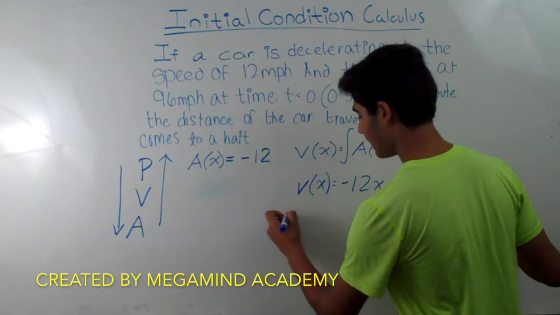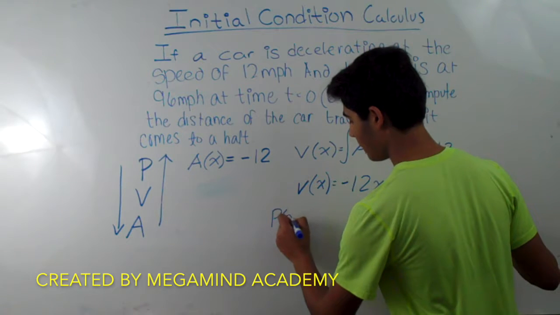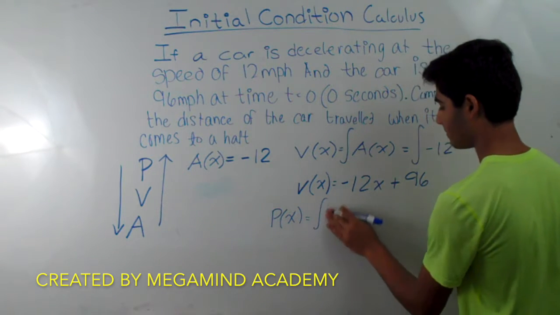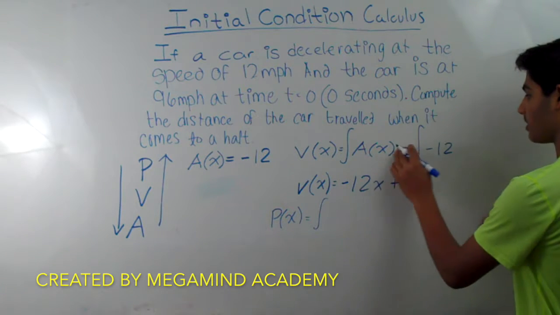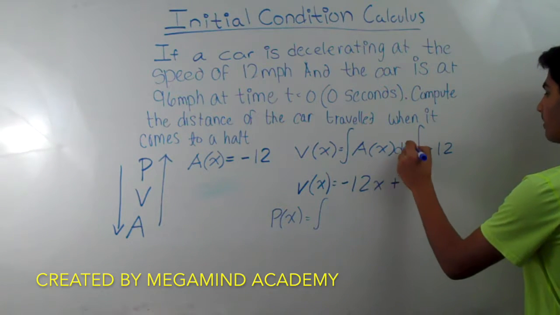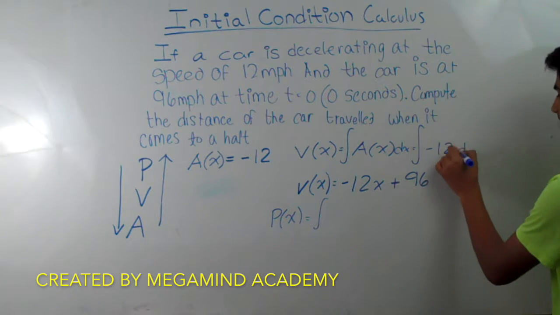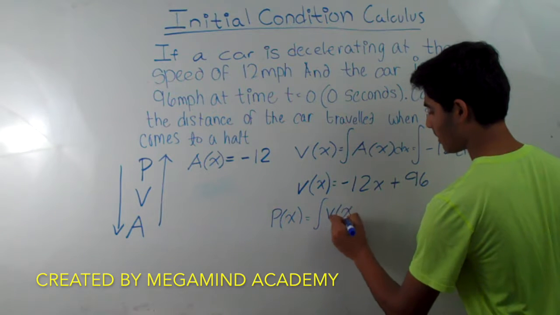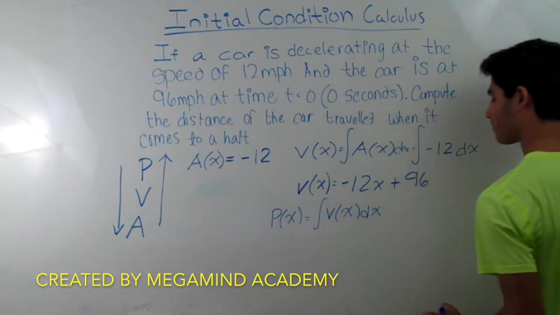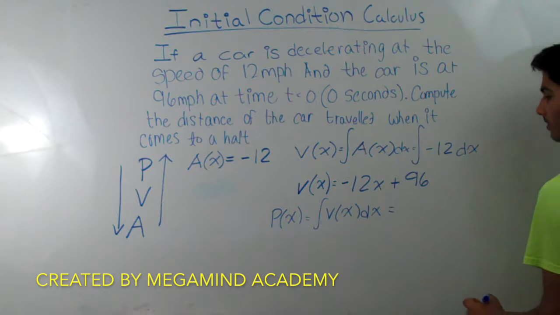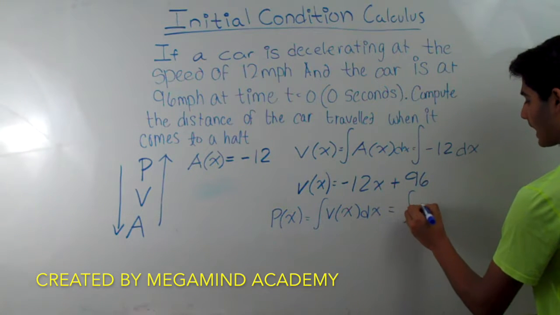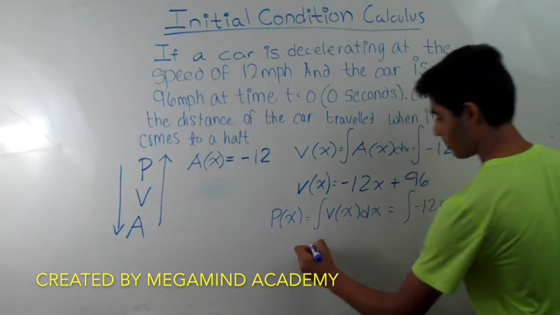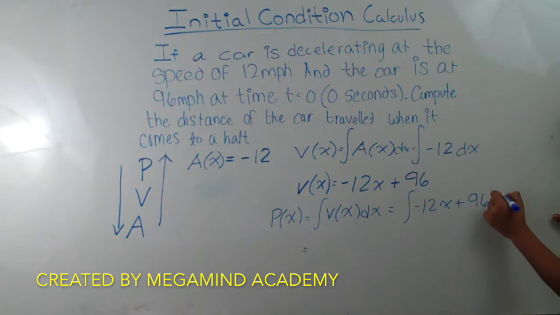So, let's compute the position function. So p of x would have to be the integral of v of x dx. Oh, and it was supposed to be dx here. Whoops. So p of x is equal to the integral of v of x dx, which would be equal to the integral of negative 12x plus 96 dx.